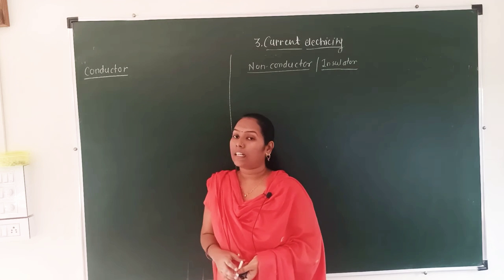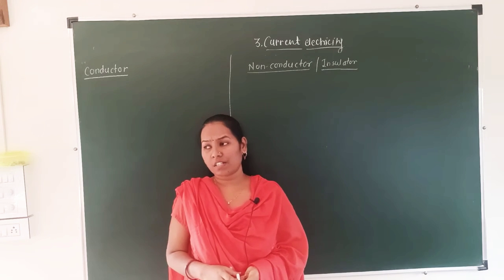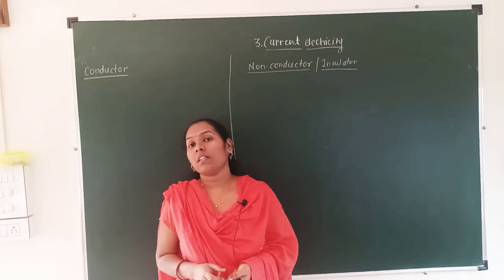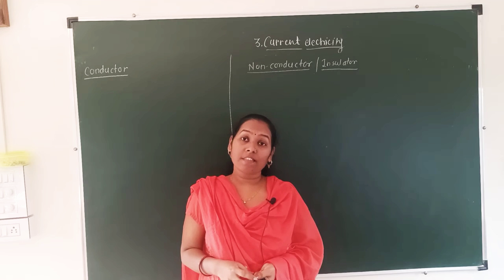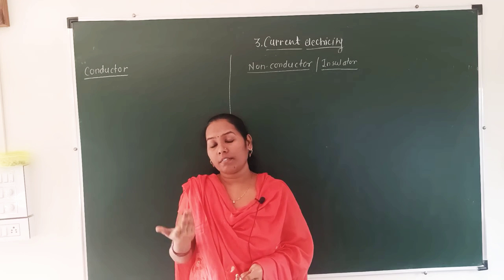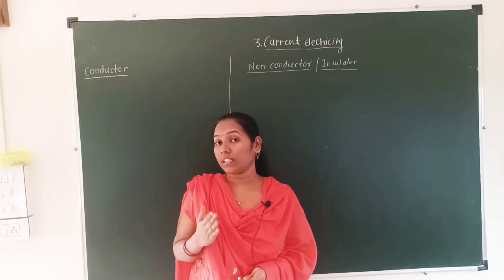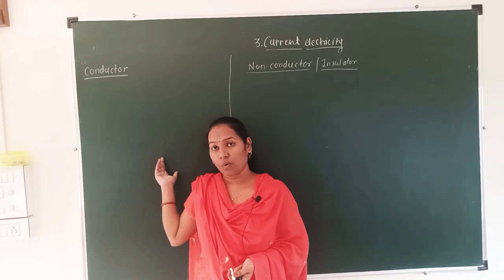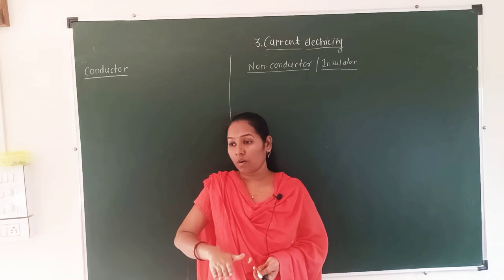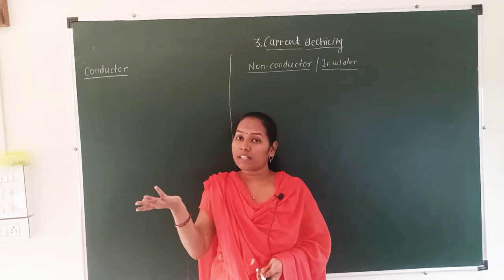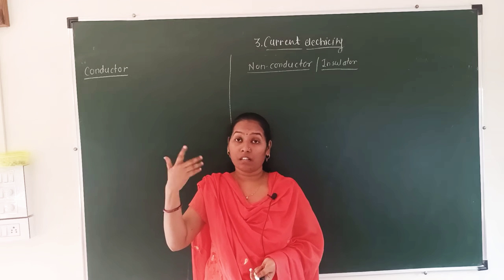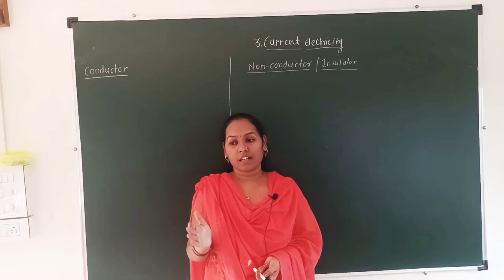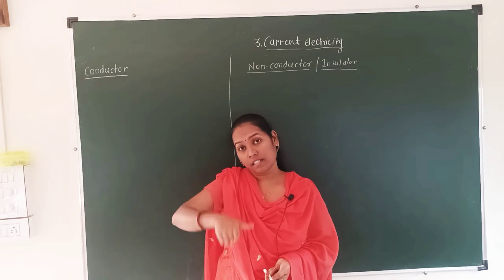Okay, what is a conductor? All of you know that a conductor is a substance having a good capacity for the flow of current, meaning a good conductor of electricity and heat. It is called a good conductor when the resistance of such substances is very low. Resistance is low, therefore current is high. The flow of current is obviously high if the resistance is low.